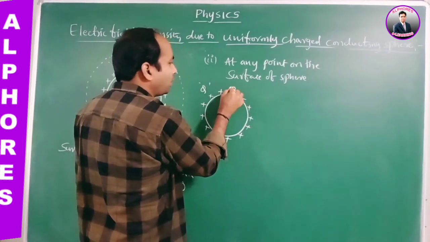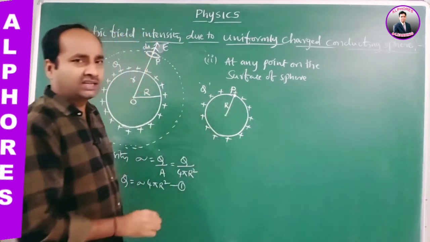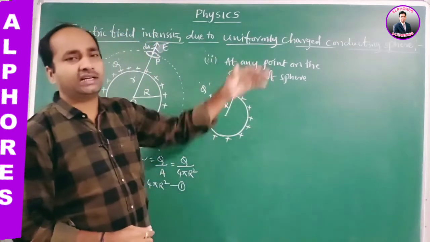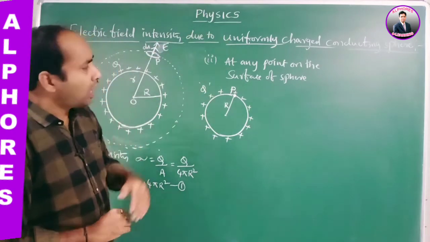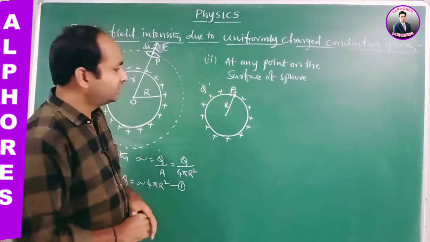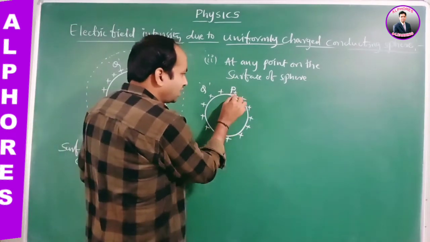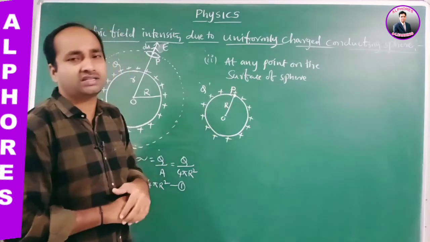Now consider a point P on the surface. In the previous case, we calculated the electric field intensity at any point outside the surface, at a distance small r from the center. But here we are calculating the electric field intensity at any point on the surface.